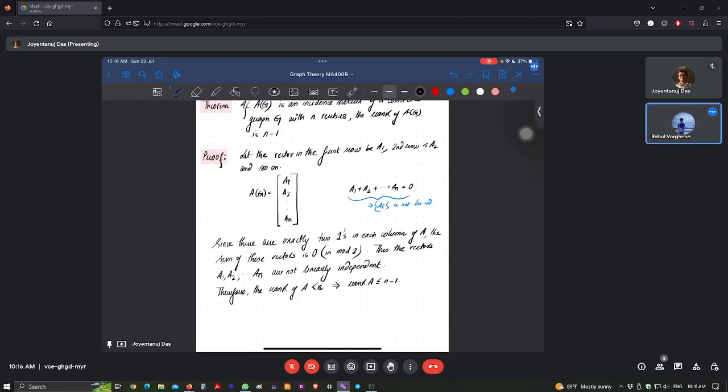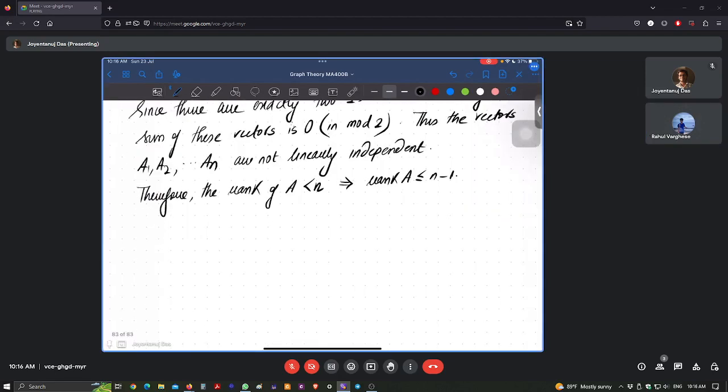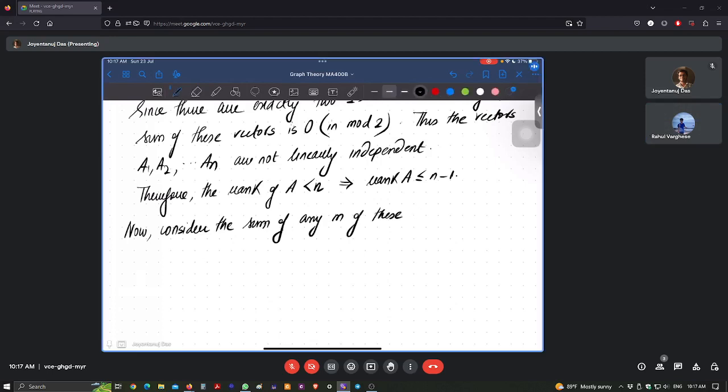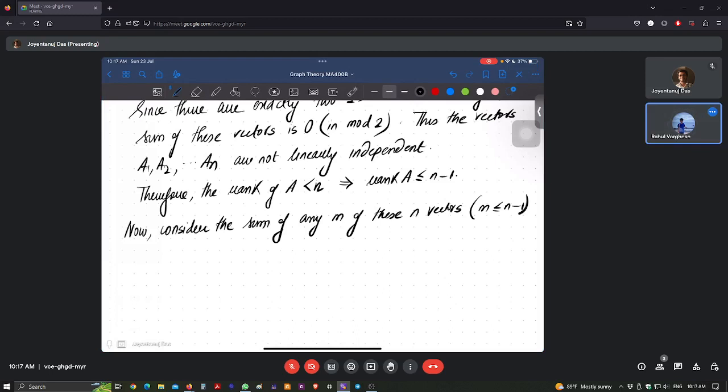So now we consider the sum of any m of these n vectors, with one condition that m has to be less than or equal to n minus 1.